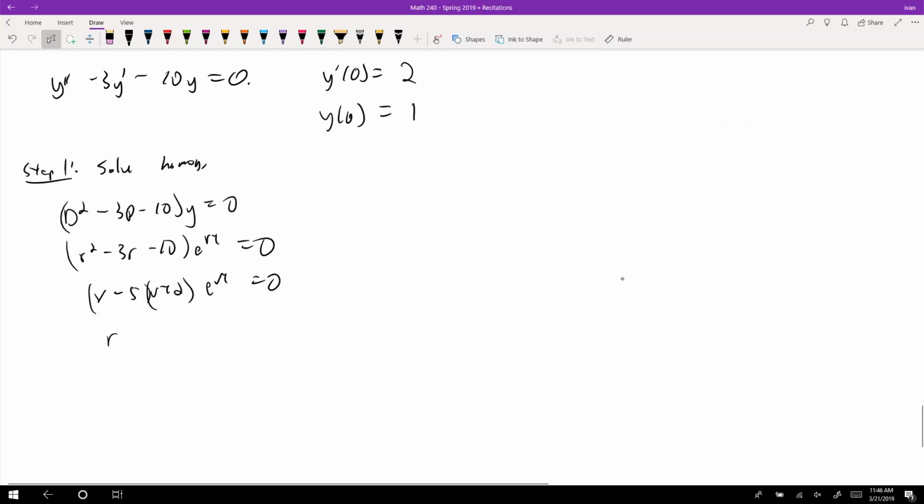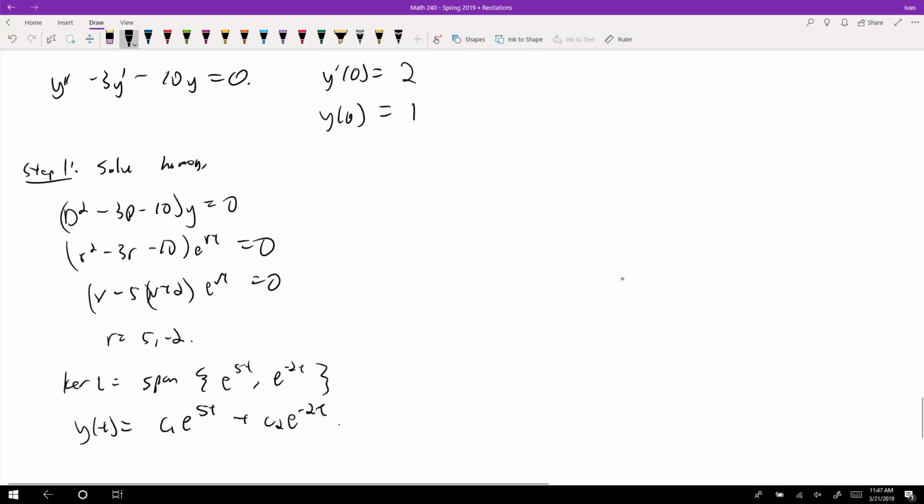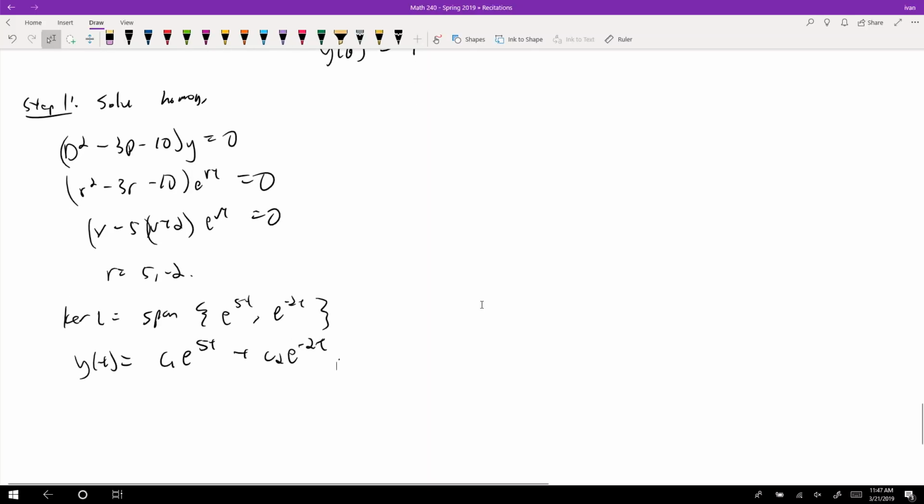So r is equal to 5 and negative 2. So the kernel of L is equal to the span of e to the 5t, e to the negative 2t, and then y of t is equal to c1 e to the 5t plus c2 e to the negative 2t. Okay, so we've solved the homogeneous.